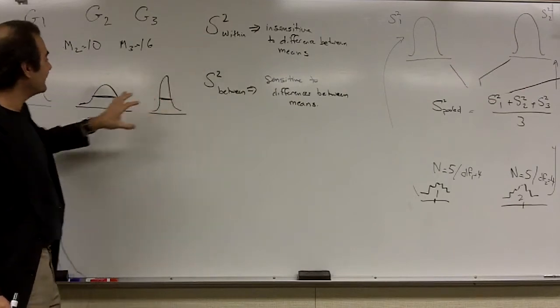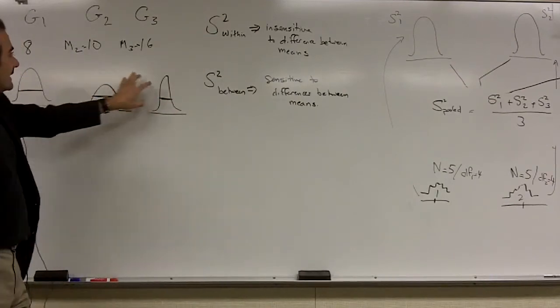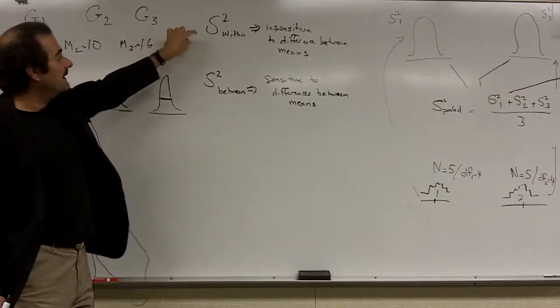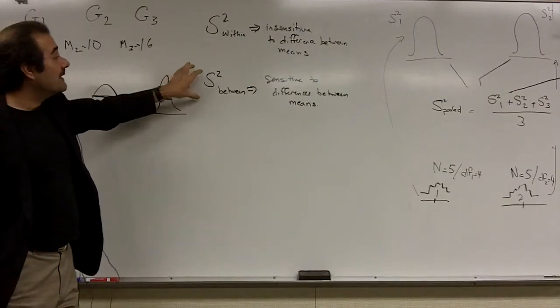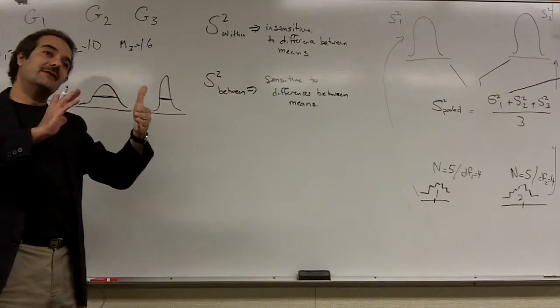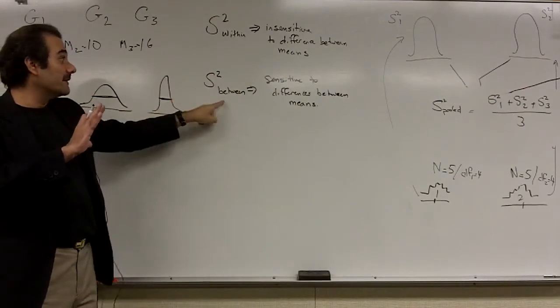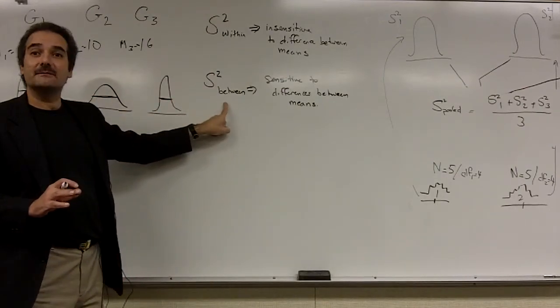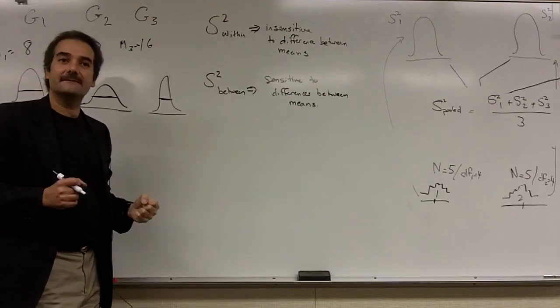So if we calculate the variance from these three groups, this will be different from this. And we'd expect this to be bigger, because the more different the means are, the bigger this variance will grow. It'll become bigger and bigger.